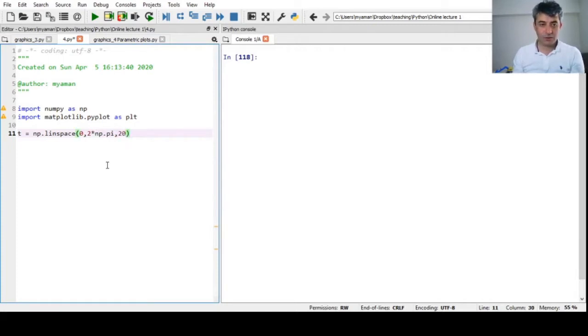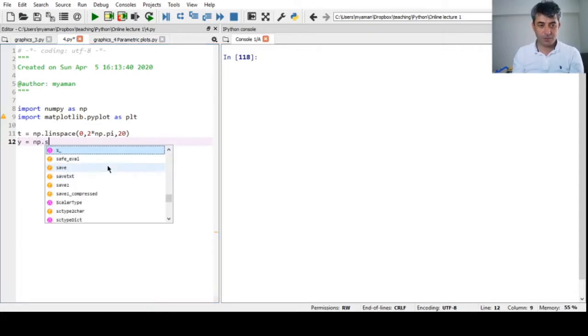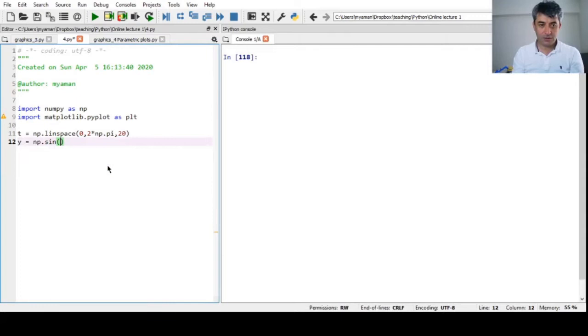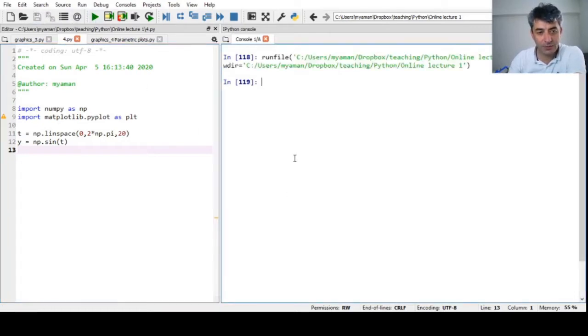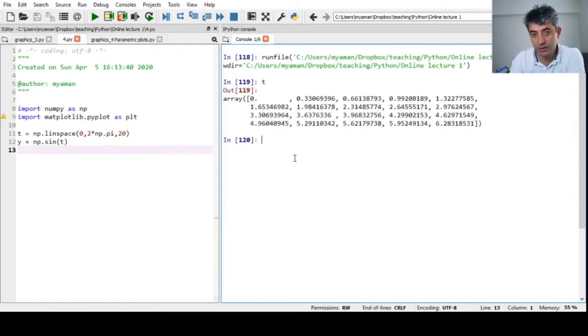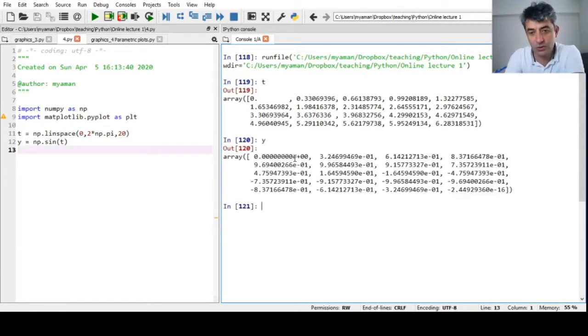Let's have 20 points between them, and my function will be numpy sine t. So save it and then run the simple script, and let's have a look at what the t array looks like. That's the t array from 0 to 2 pi, 20 elements, and the sine values corresponding to them.